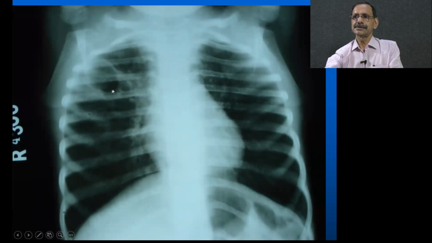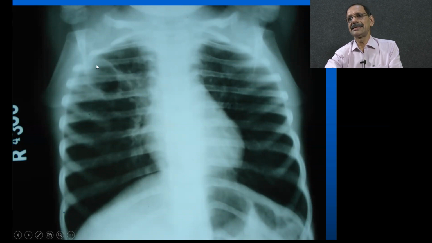Cavity in tuberculosis is likely in a reactivation tuberculosis, where it is in the upper lobe. But primary tuberculosis causing cavity is very rare, but it is possible. Like initially the primary focus expands and then the caseous material gets expelled through the bronchus.